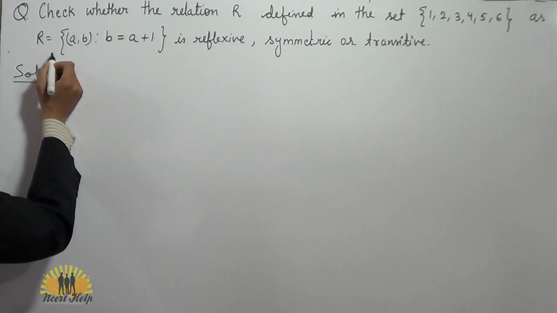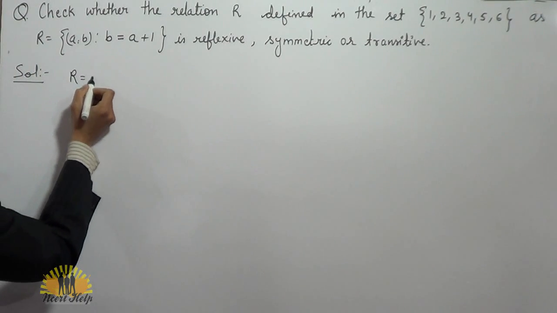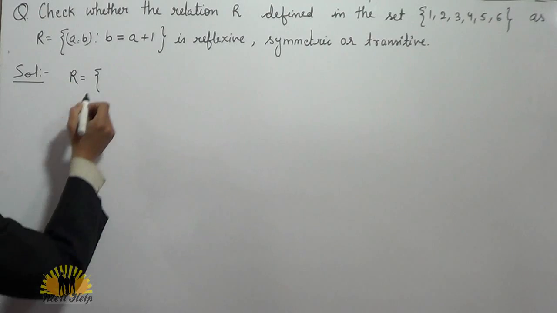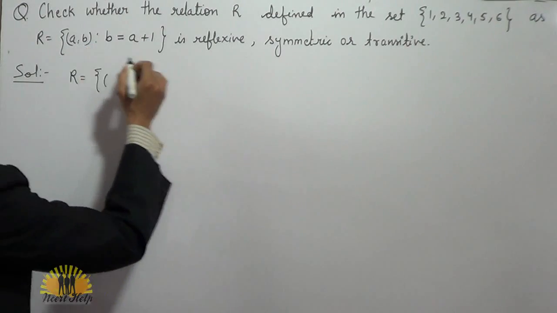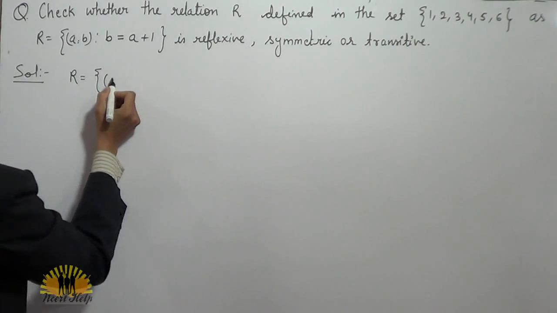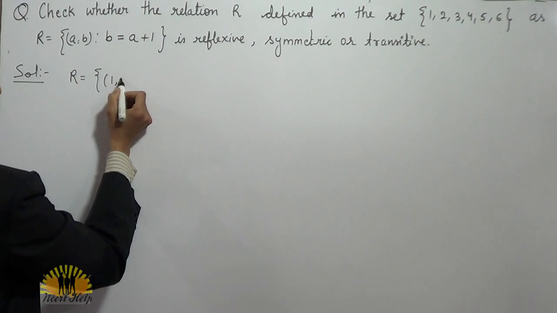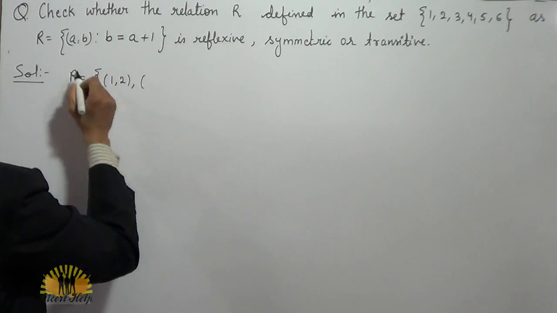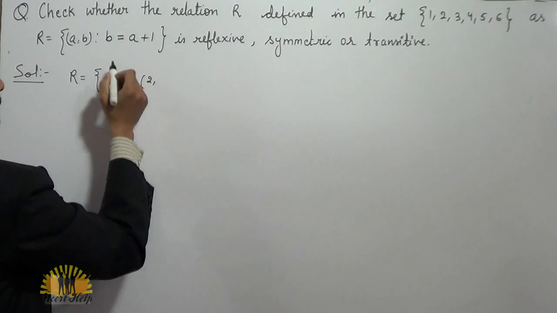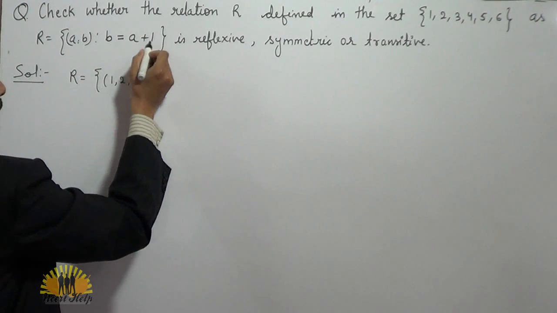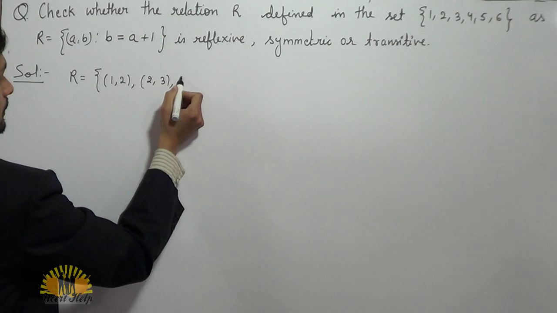So, convert the relation into roster form. If we take A as 1, what will be the value of B? It will be 1 plus 1, 2. Similarly, if we take A is equal to 2, what will be the value of B? 2 plus 1, 3.